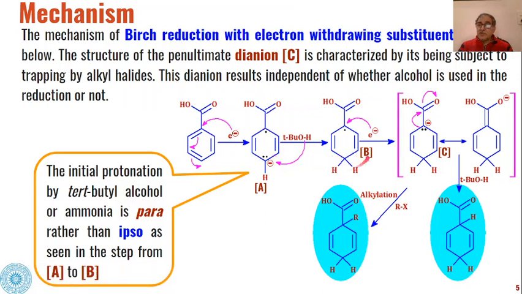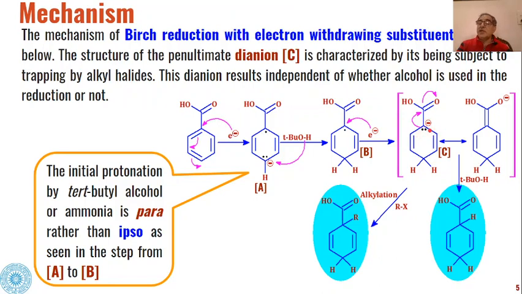Then this radical anion, on reaction with the tertiary butanol, will be converted into this free radical, and this free radical will again take up one more electron from the electrolyte solution present because of the sodium metal and liquid ammonia, and this will be converted into this type of anion.